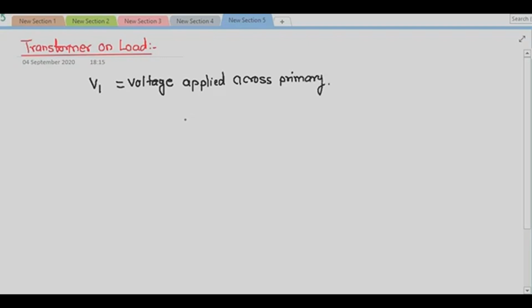Suppose there is no load on the secondary, meaning your secondary is open circuited. So the primary will draw a small amount of current I0 from the supply, right?